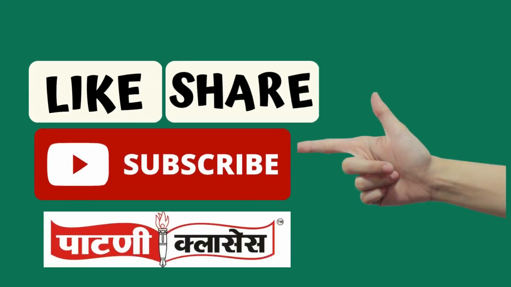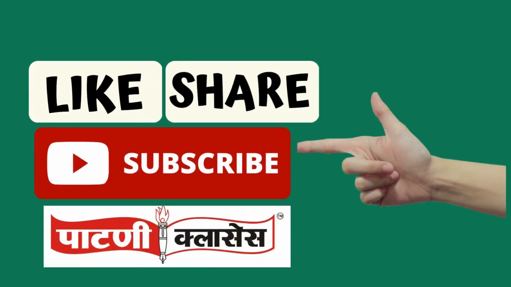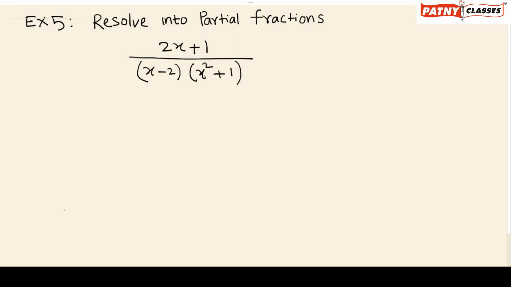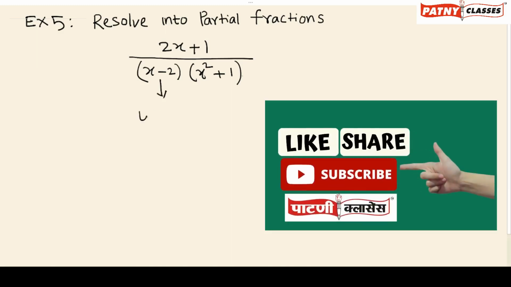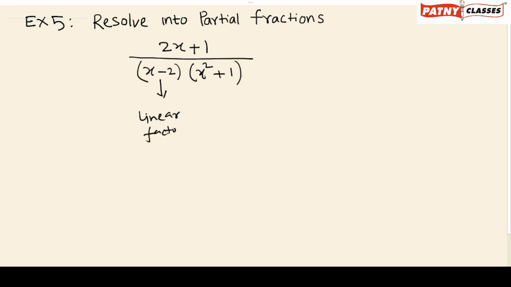Next question, example 5. Resolve into partial fractions (2x plus 1) upon (x minus 2)(x square plus 1). We observe that here is a linear factor and here is a quadratic factor.